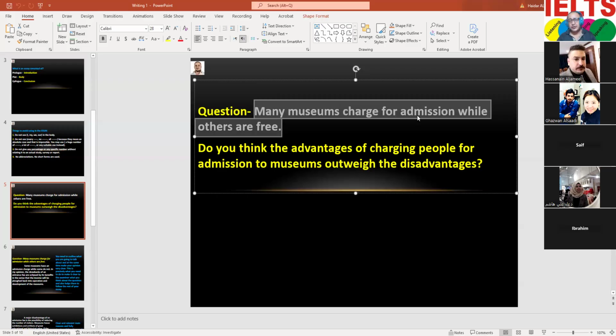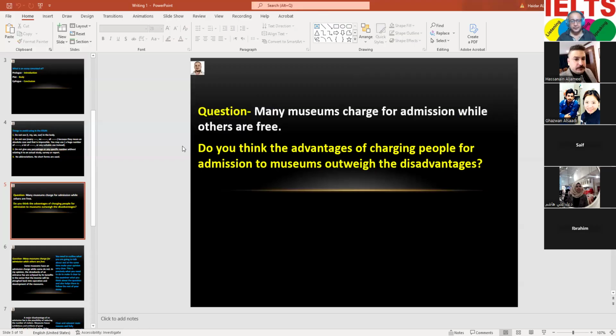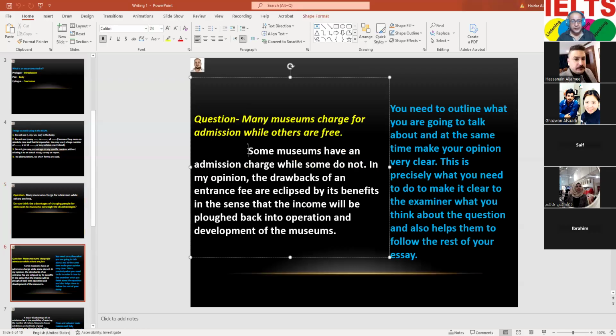Many museums charge for admission while others are free. Paraphrase it: some museums have an admission charge while some do not. Full stop. It gives the same precise meaning as the original. That's the first thing we do.